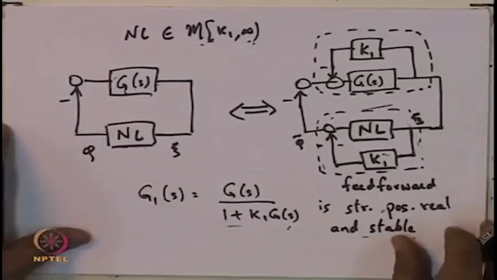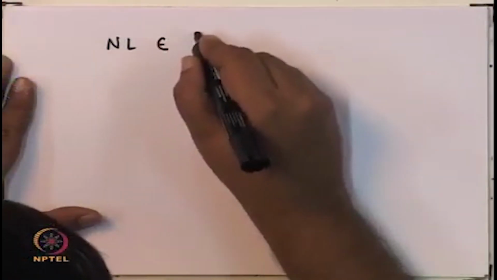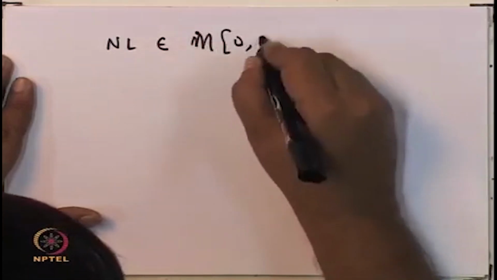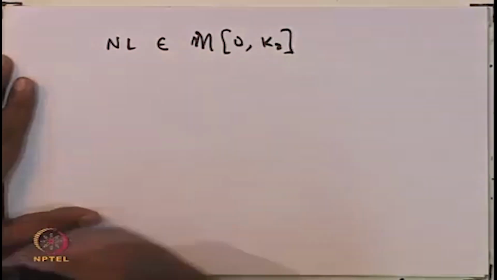Now, that was one special case where you took a nonlinearity in the K1 infinity sector. One could also think of taking a nonlinearity in the 0 K2 sector.